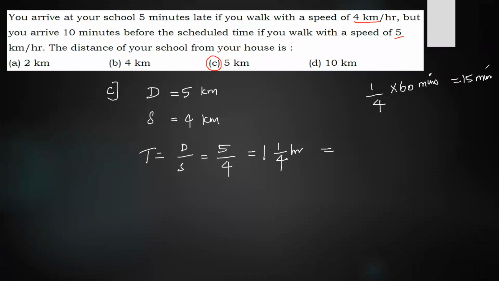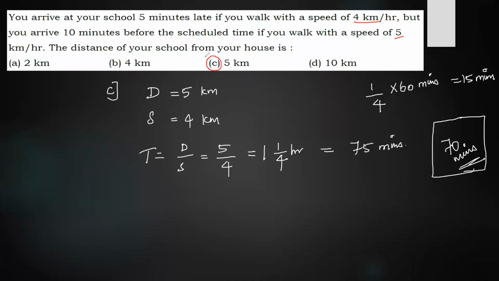So total 1 hour and 1 by 4 hour, nothing but 75 minutes. If you travel 5 kilometers at the speed of 4, you will take 75 minutes. Given that you are 5 minutes late, the exact answer should be 70 minutes. That is the original time.